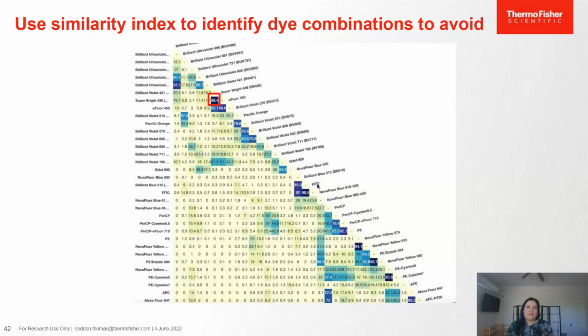What you can see here is that you've got one dye. When you get into the darker blue, that's showing you that these two dyes are very similar to each other and thus will not be a good combination. You can still sometimes use them, it just means that it would be less recommended. But as you build to more and more colors, it's always going to become a bit more of an issue.